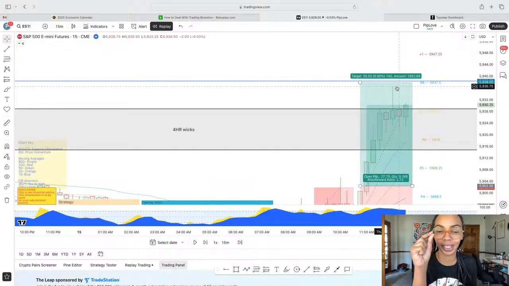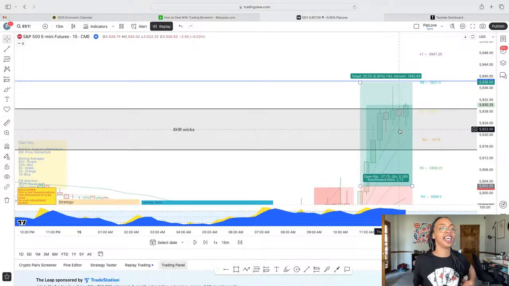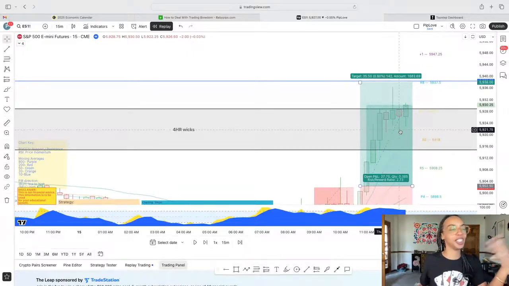I was just this close, but because I wanted to be so precise and it didn't hit that point, I let that trade go. Imagine that the trade was all the way up here at 59.37 and you let that baby come all the way down here to 59.22. And then, of course, I would have gotten out in this situation. This is where I would have gotten out of the trade.